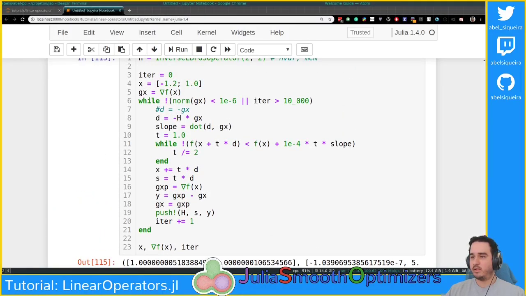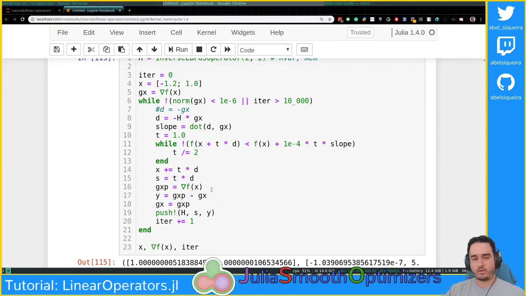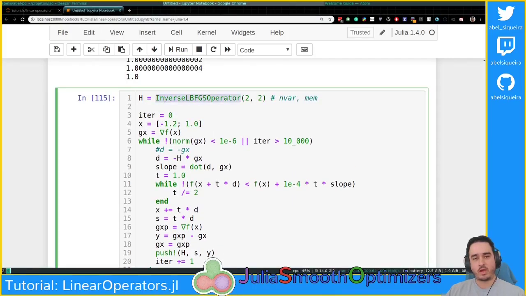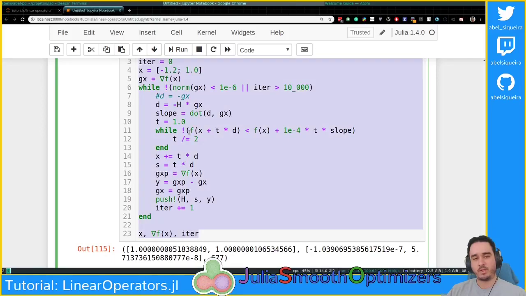As I said, this is a cool use of an operator. You have the inverse LBFGS already implemented.